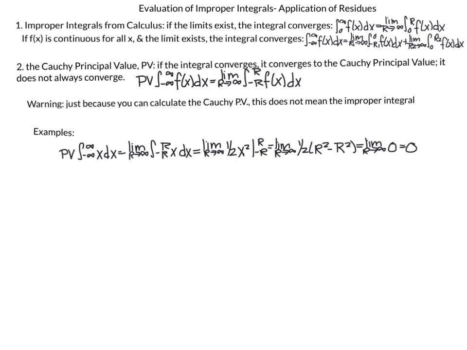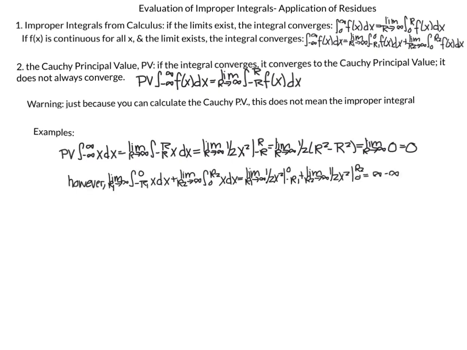That is the limit as r approaches infinity of 1/2 r squared minus 1/2 r squared, plugging in r here and then negative r, which is the limit as r approaches infinity of 0, which is equal to 0. So this looks great. We've calculated our Cauchy principal value for this improper integral.